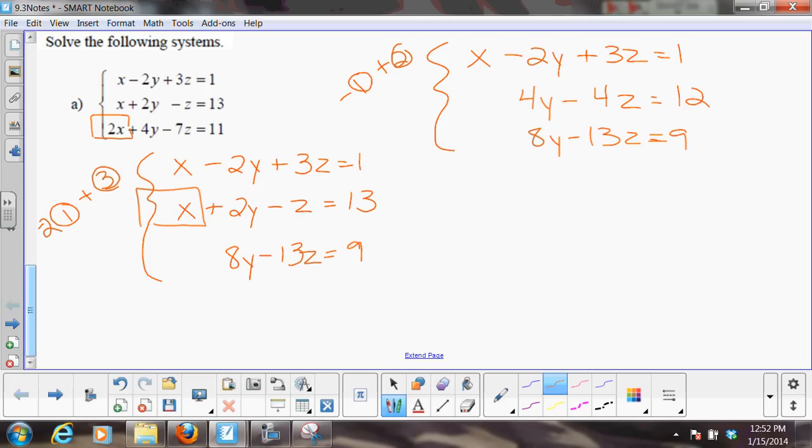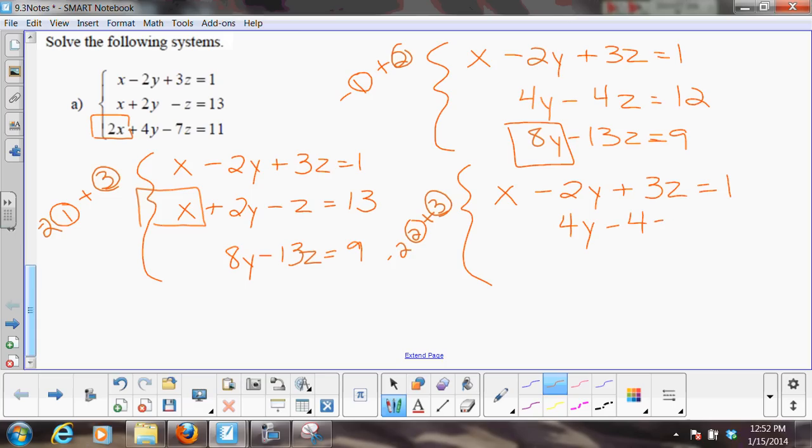All right, so now the next step is to get rid of this y. Well, I'm going to use row 2, because if I use row 1, then I'm putting an x back into my equation, so I have to use row 2. So I'm going to multiply -2 times row 2 and add it to row 3. I'm recopying everything that I don't change.